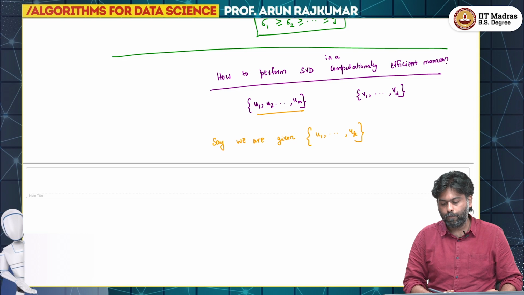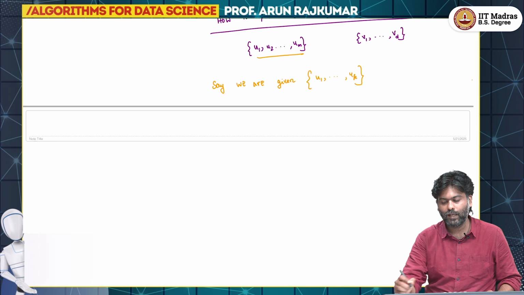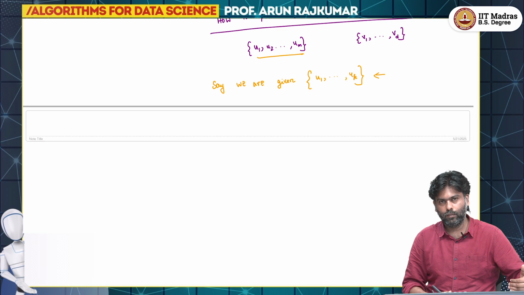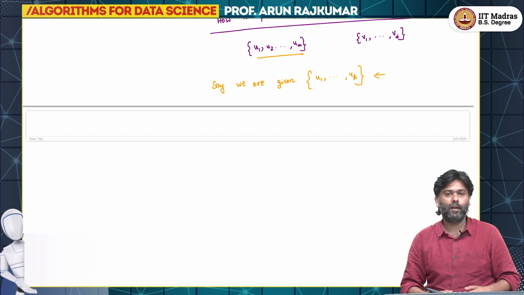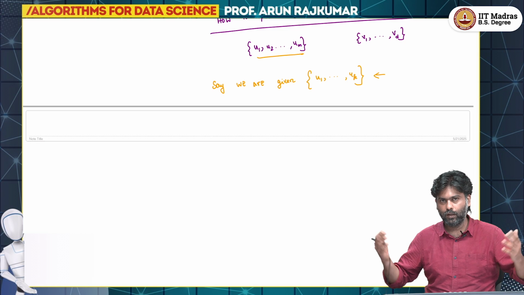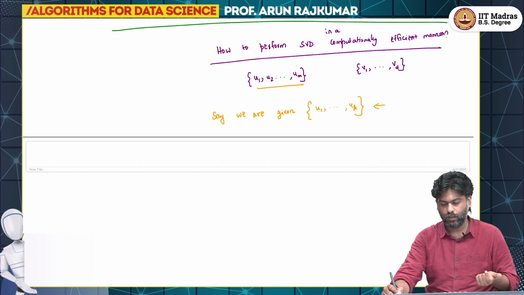Now what can I do with this? Let's say I have access to u1 to uk. Now the question is, how can I do SVD quickly, to get a rank k approximation of a given matrix? How can I perform SVD faster?